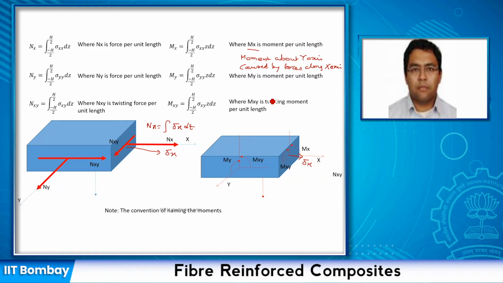Please remember this, otherwise you might end up flipping the moment loads about the axis, because you might take Mx as about the x-axis, so then it will be shown on the y-axis. That will be completely wrong loading for the problem. So remember that.